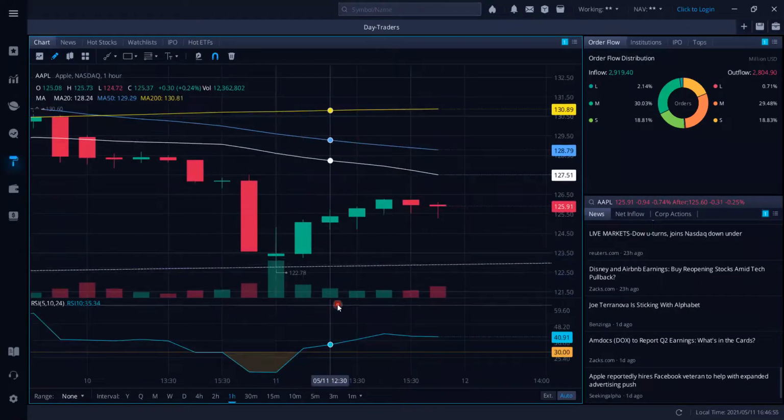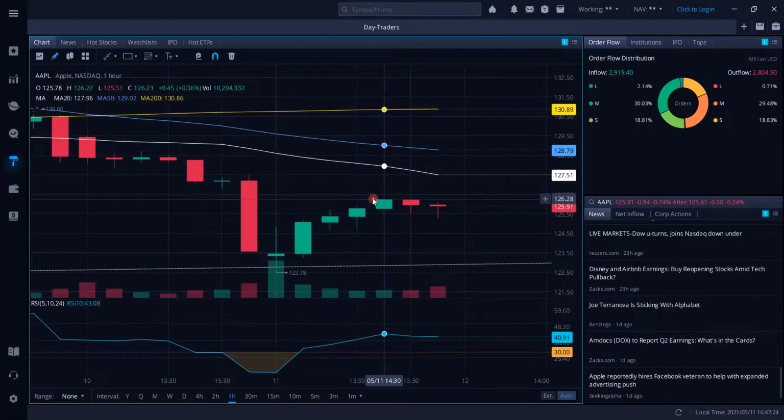If you're watching Apple and you see this, boom. You get this right here, and you see it respected the support line. Closed out an hour later, and we start seeing this. I'd probably be in around here, 123. Boom, I'm out of there, 126.